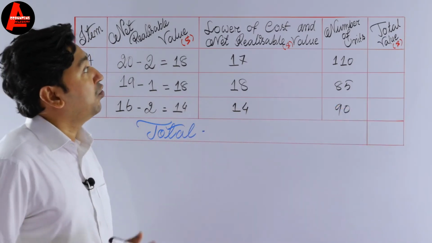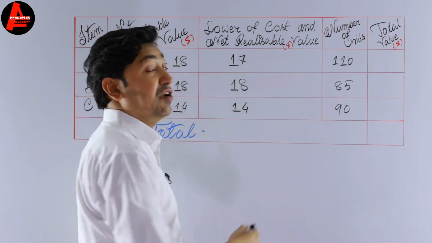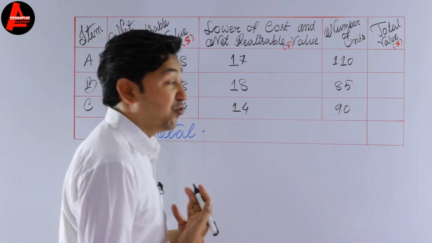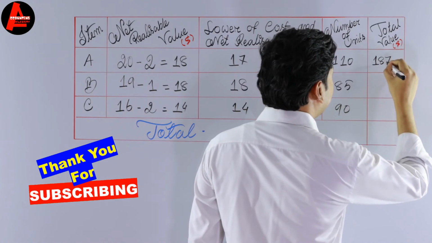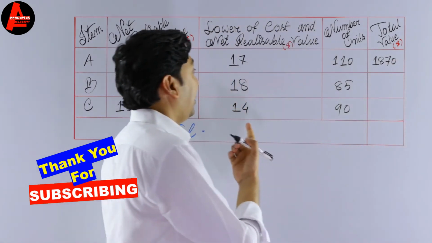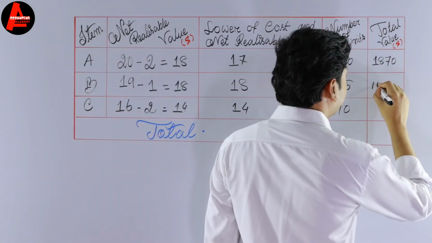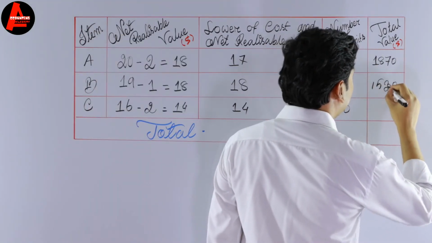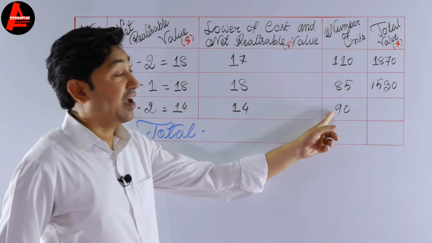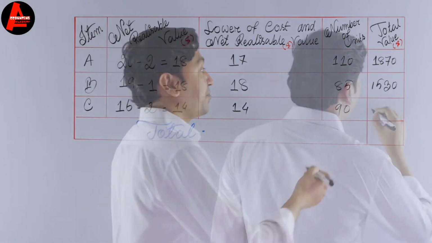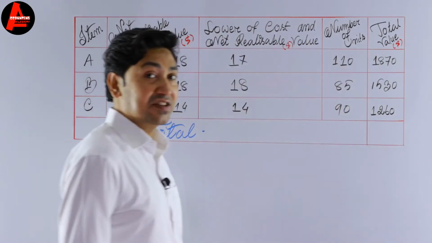Now if we multiply $17 by 110 units, what we get? Well, if we say it is $1,870, you are absolutely correct. Then 18 times 85 equals $1,530. Then $14 times 90 units equals $1,260.